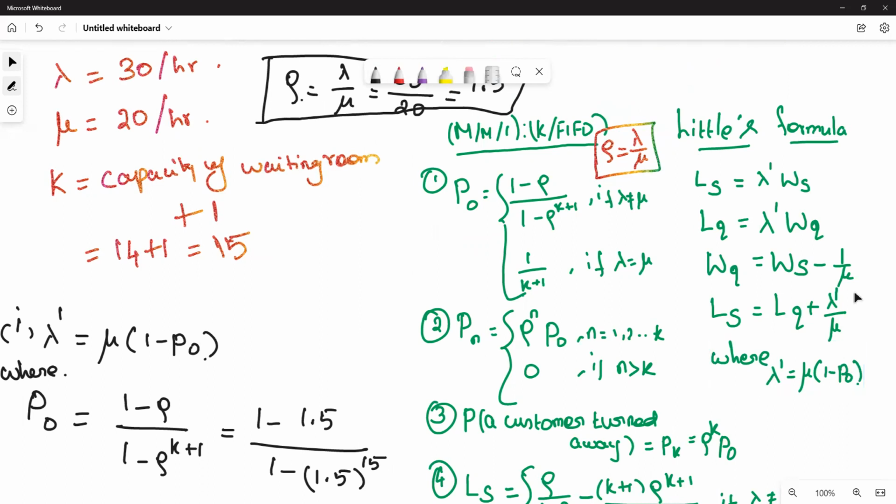Only in Little's formula will we use the effective arrival rate. In the remaining formulas like P naught, Pn, PK, and LS also, we use only lambda as the arrival rate. So rho is lambda by mu only here. Hope you are all clear with the single server finite capacity model.